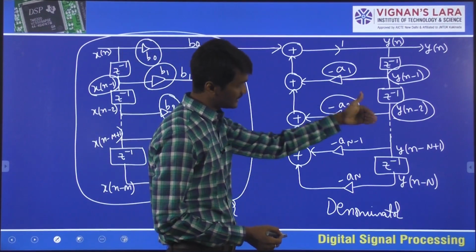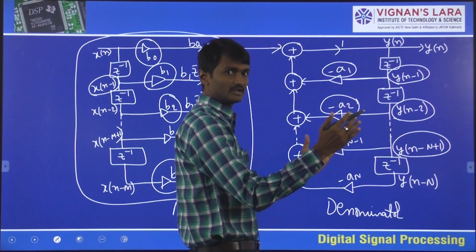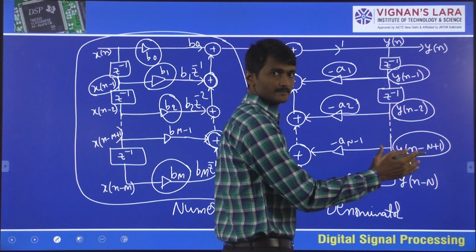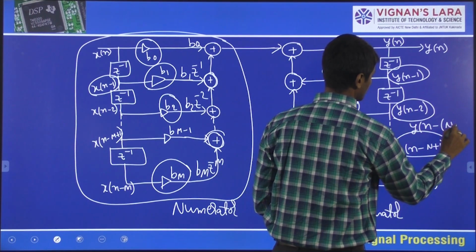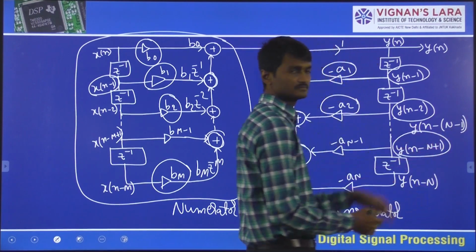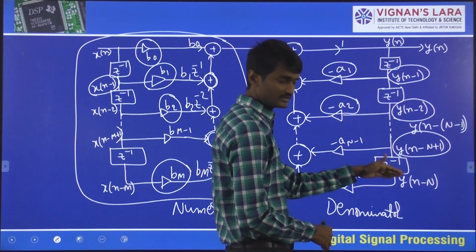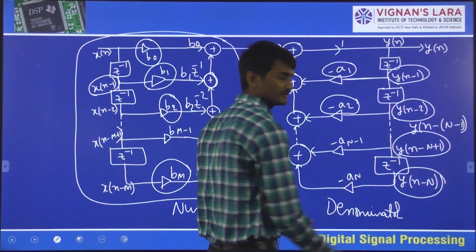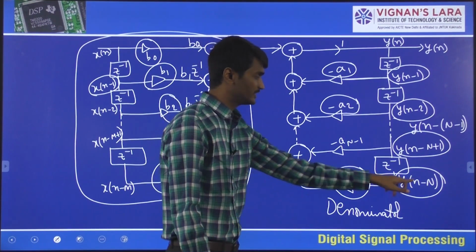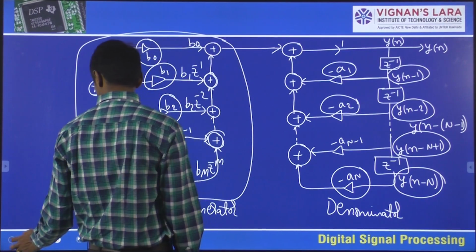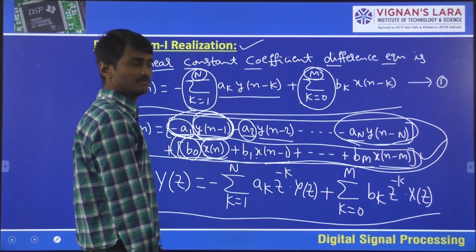So like that and so on. Before this one it is y of n minus n plus 1. So if it is passed through one more delay element, then it will become y of n minus n and this multiplier is minus an into y of n minus n.